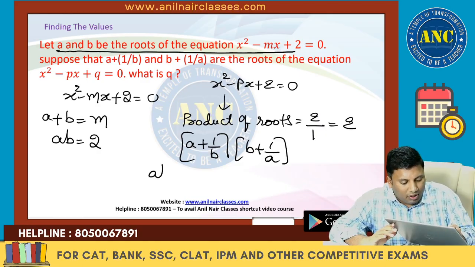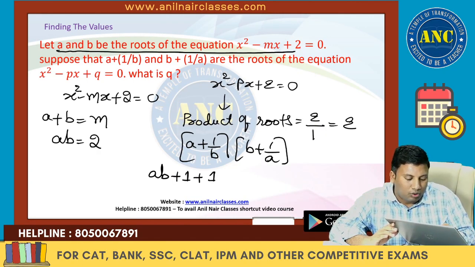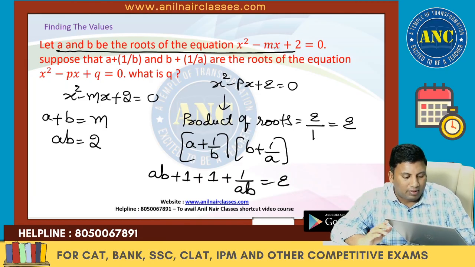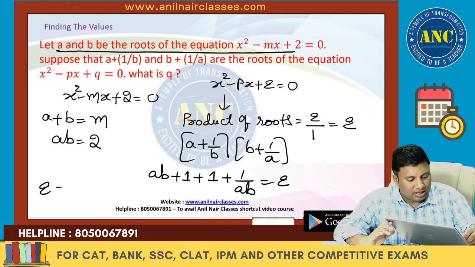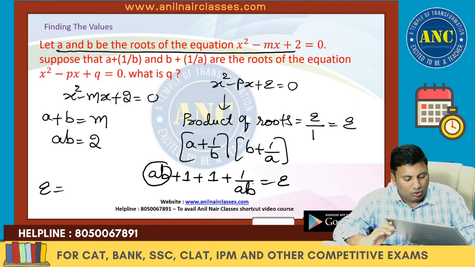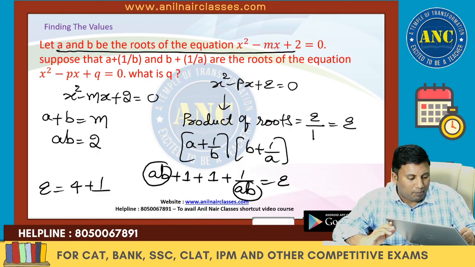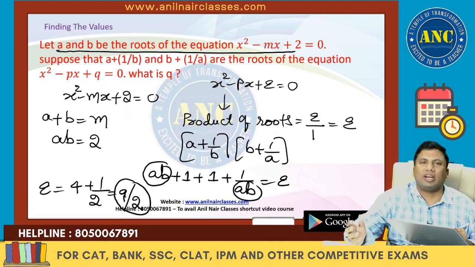What will be the product? ab plus 1 plus 1 by b into b, 1 plus 1 by ab. It is nothing but q. So q is nothing but, ab is 2, ab is 2. So 2 plus 1 plus 1, 4 plus 1 by 2. So answer for this question is 9 by 2. Answer is nothing but 9 by 2.